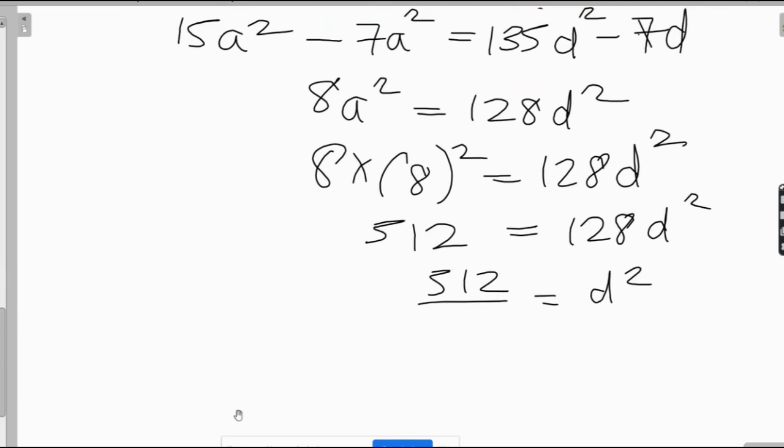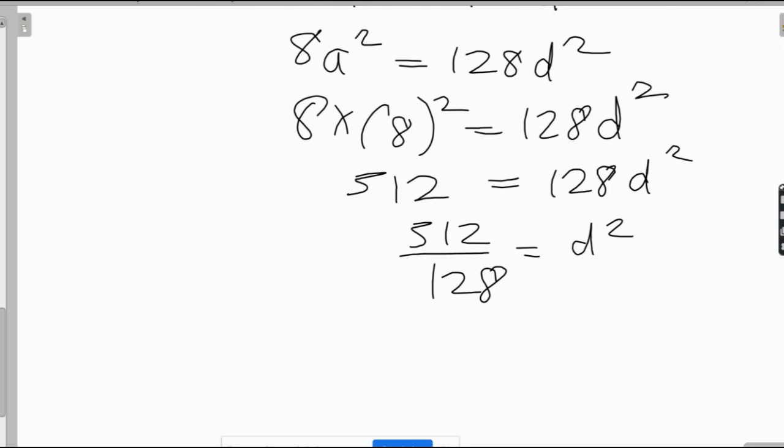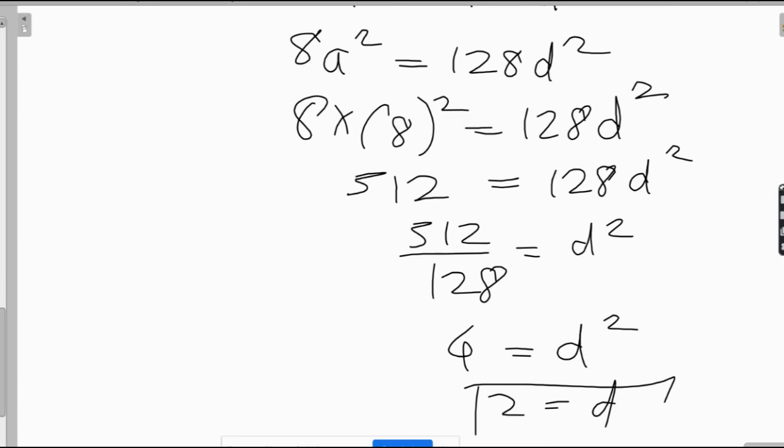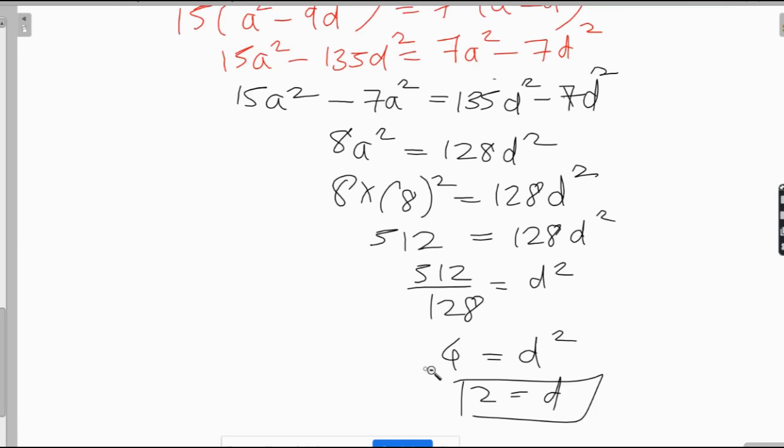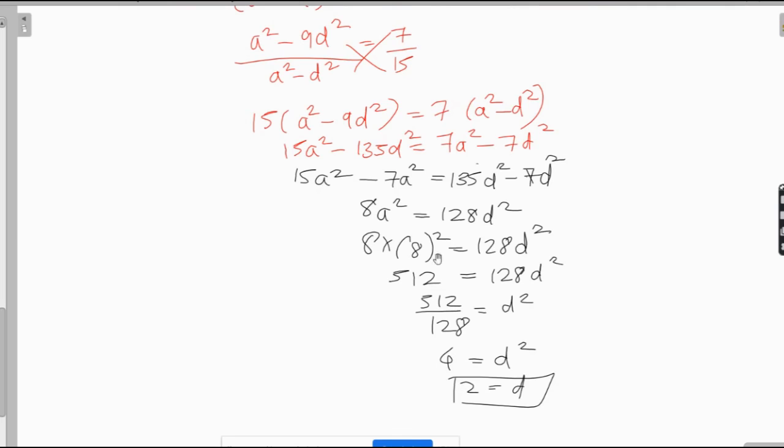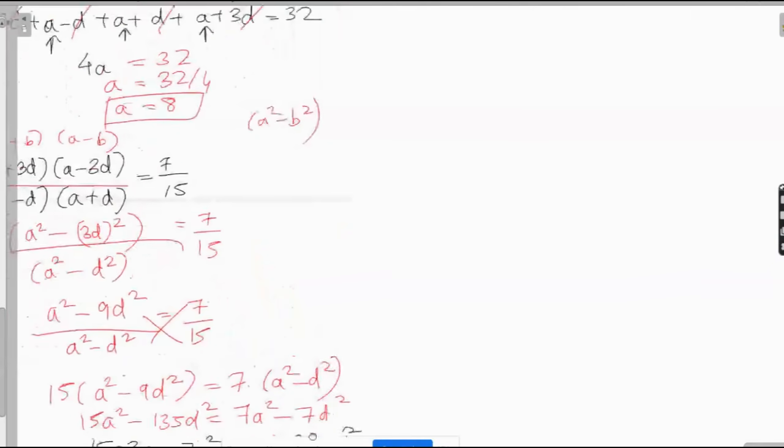See, I am not skipping even one step. I am telling you in all the details possible. 128 4s are 512. So d square is 4, therefore d is 2. Square goes to that side, becomes square root. So you have a, you have d.